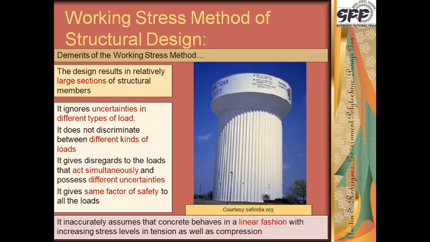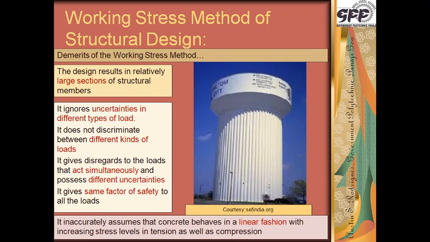But as we have understood earlier, all these may not be occurring at the same time. There may not be wind load or snow load and earthquake load at the same time. But the working stress method of structural design does not consider that they will be acting separately. Everyone is considered acting together with the same importance. It does not discriminate between different kinds of loads.